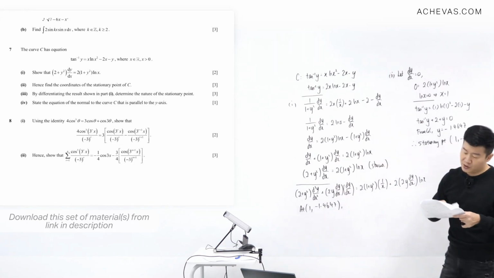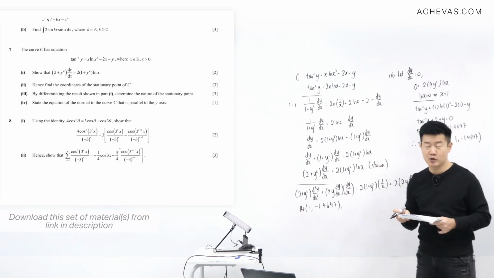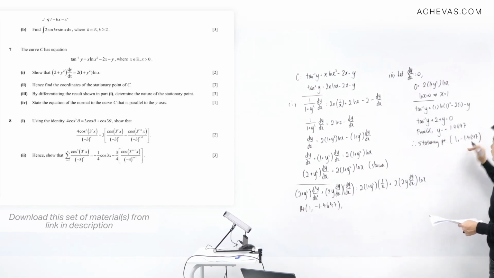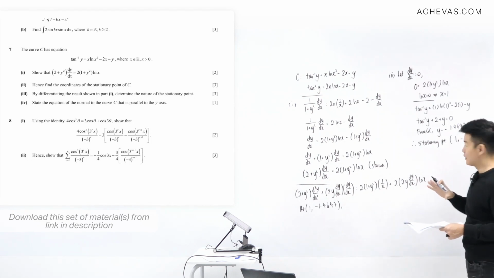Okay, let me see. There's something I should correct, because in part 2, we are supposed to find the coordinates of the stationary point. This is actually correct, the y coordinate is this, but my answer should be in 3 significant figures.